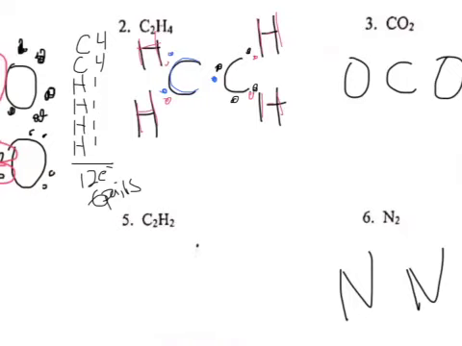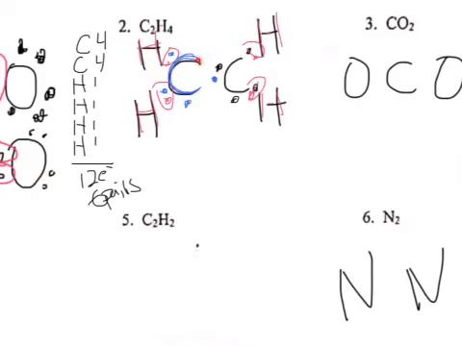So we have, this is all good. We have a bond, a bond, a bond, a bond. And the hydrogens are happy, but let's take a look at these carbons. Oh, I'm sorry. This carbon here has its 4th electron just hanging out.